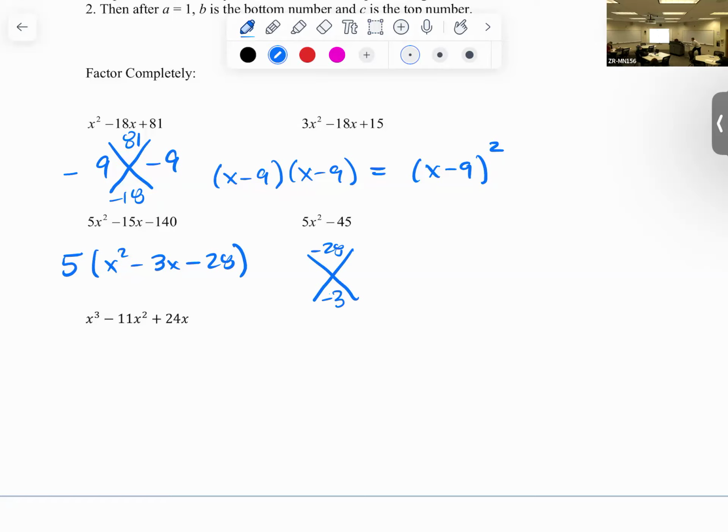What are the factors? What multiplies to negative 28 and sums to negative 3? It's going to be a negative and a positive.